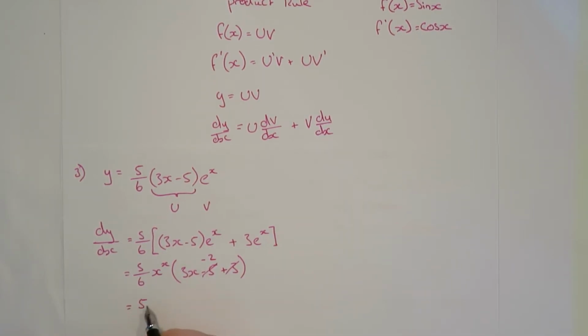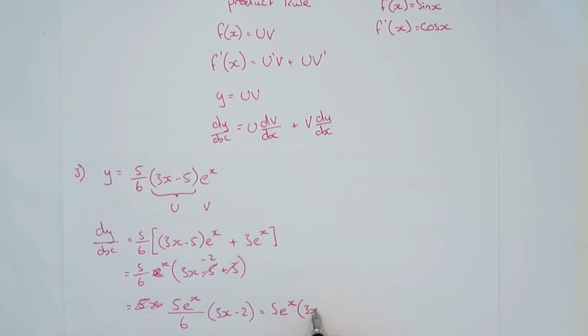So 5 e to the x over 6, 3x minus 2. Or if you wanted to have that all on the top line, that would be fine as well. 5 lots of e to the x, 3x minus 2 over 6. There are different ways here that you can write these. Doesn't really matter which one you decide to use.